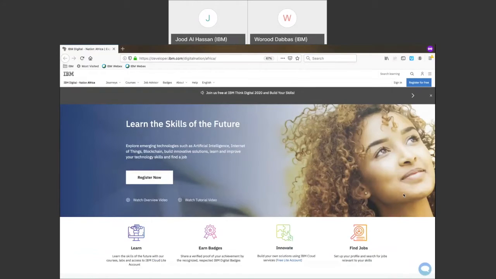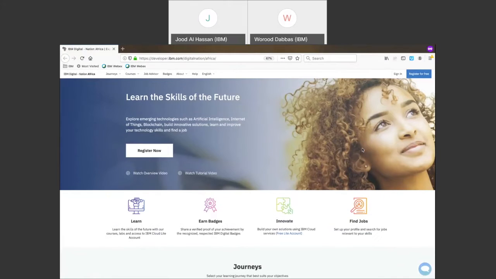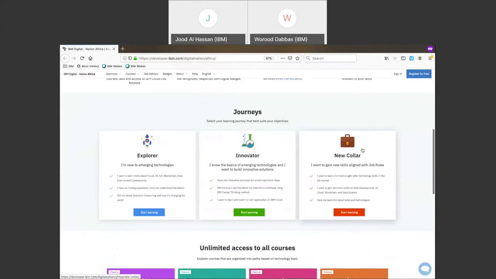So this is our Digital Nation platform. I just want to navigate through it and show you the 3 sections that we have, which are Explorer, Innovator, and Blue Collar. In the Explorer section, we offer the user an introduction to the technologies that we have included here.